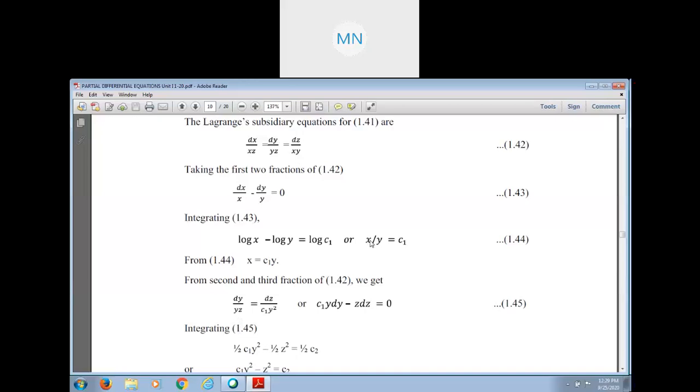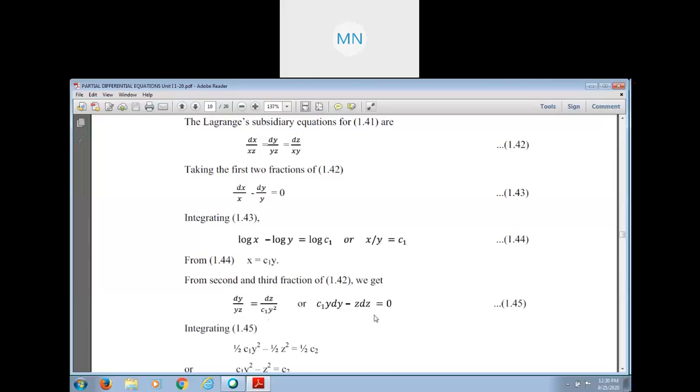Here, from xy equals c1, x equals c1 into y, then you can put this in. So dy by yz equals dz by c1 y square, so it looks like this.